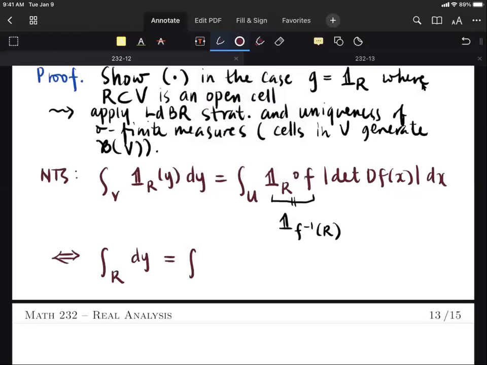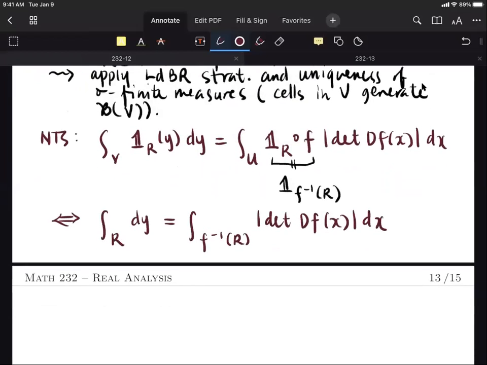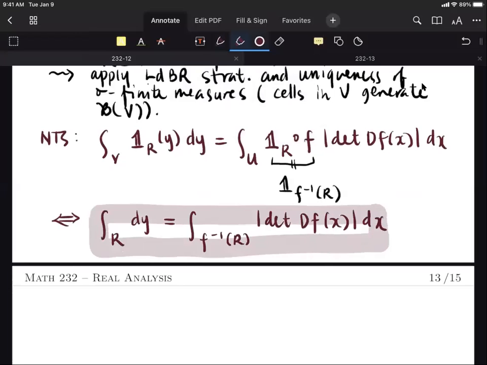And this would be the integral over f inverse of R of the absolute value of the determinant of the Jacobi matrix corresponding to F. So this is what we are going to establish in the succeeding discussions.